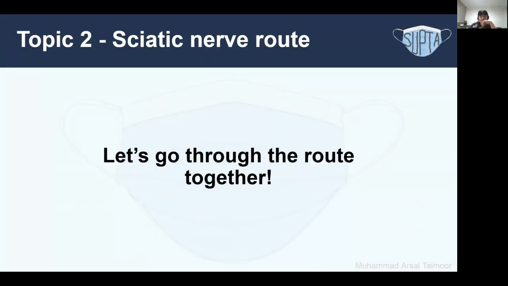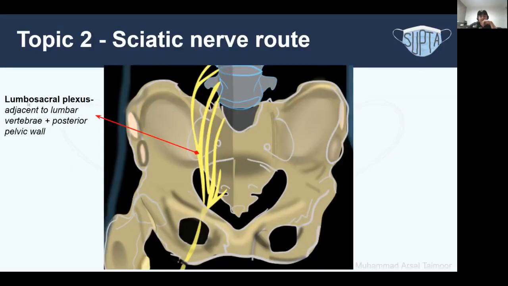Sciatic nerve route, I wanted to go through this because of how big the nerve is. The lumbosacral plexus, so the sciatic nerve initially comes horizontally from the lumbar vertebrae here, the posterior pelvic wall, right? Because this is posterior.